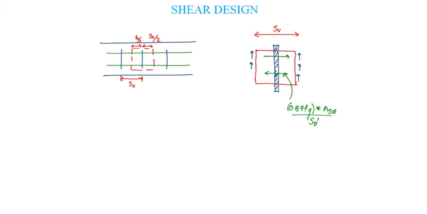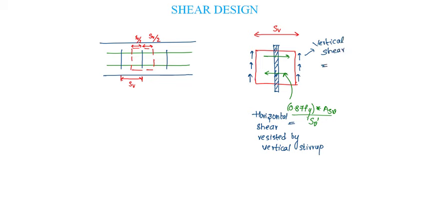This is the horizontal shear resisted, and the vertical shear resisted by the vertical stirrup, whereas the vertical shear coming onto the beam will be VUS by the total depth D. So VUS by D, then equating this, VUS by D is equal to 0.87 Fy into ASV by SV.